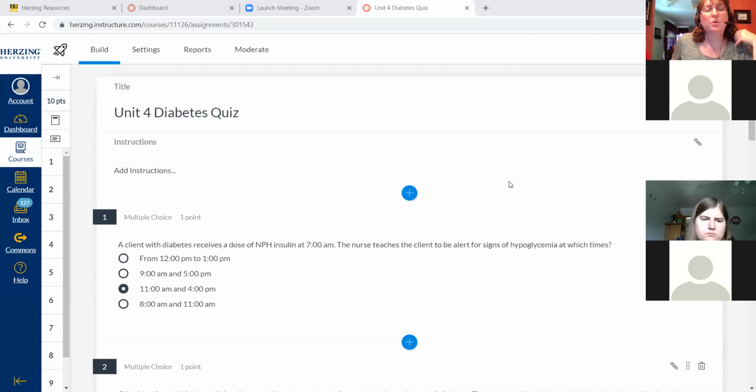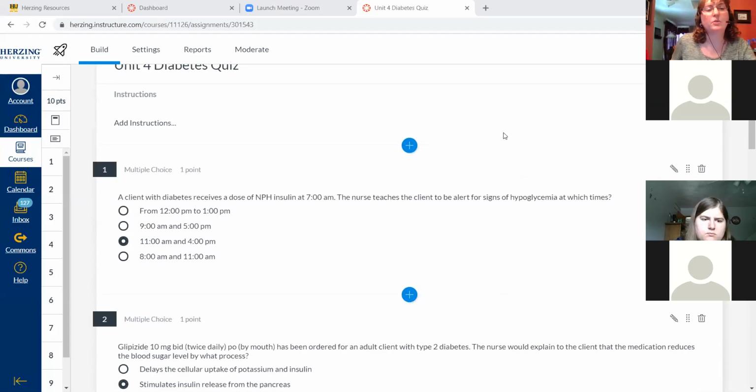Obviously, when we do these tests or quizzes, they all go in a different order, so you may not have the same one first. But for this one, it's saying a client with diabetes receives NPH insulin at 7, and the nurse teaches the client to be alert for signs of hypoglycemia at which times. The correct answer is between 11 and 4.